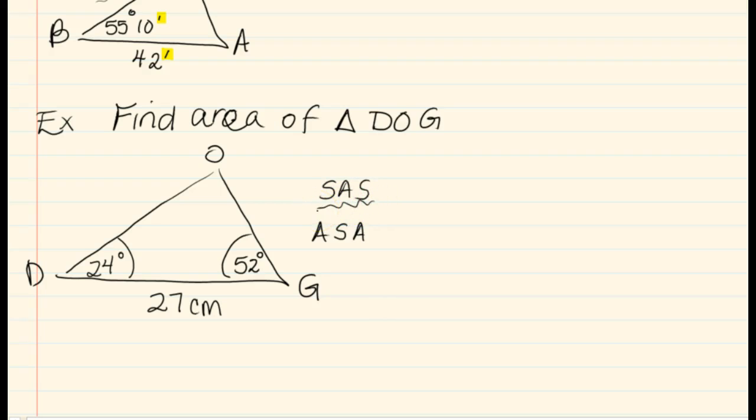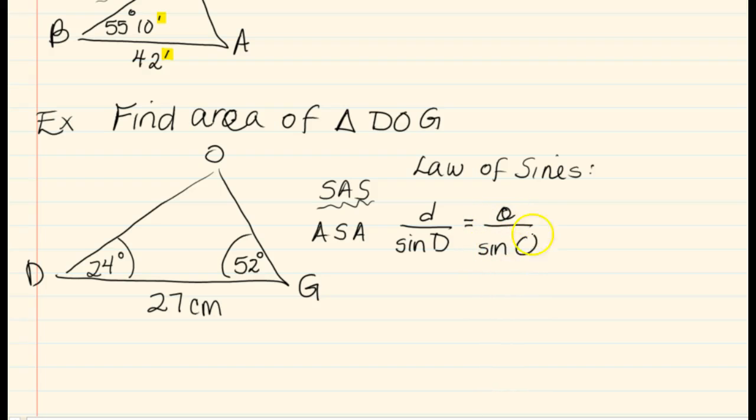Well, let's see if we can use the law of sines. For the law of sines, remember that I'm going to be using, in our case, little d over the sine of the angle D, and little o over the sine of big O, and little g over the sine of big G. So if we put in numbers, we don't know d.